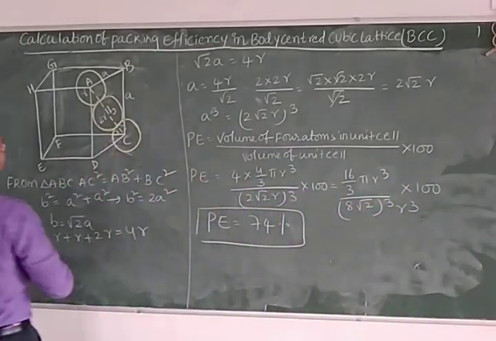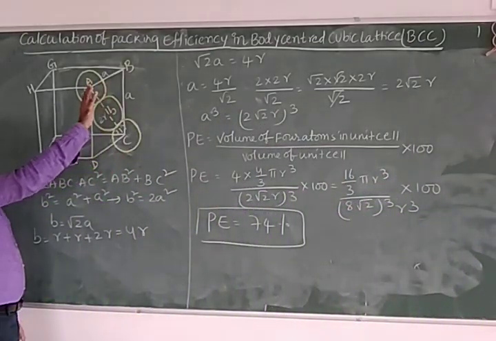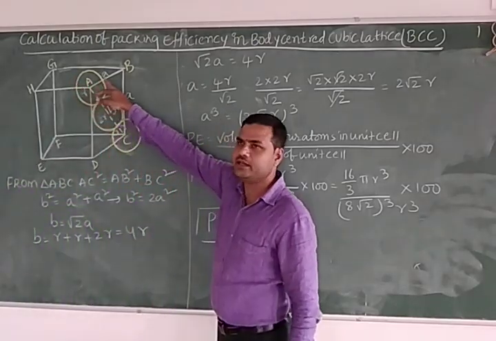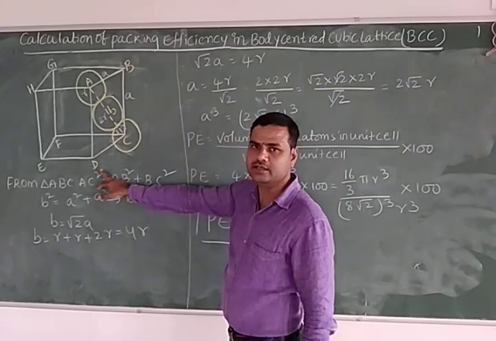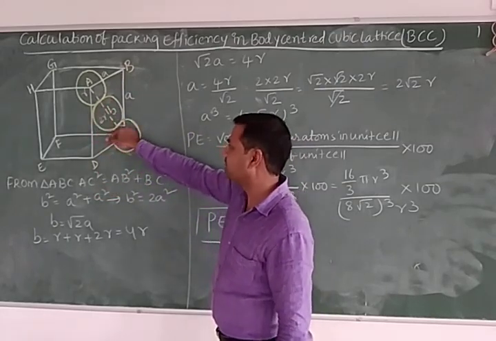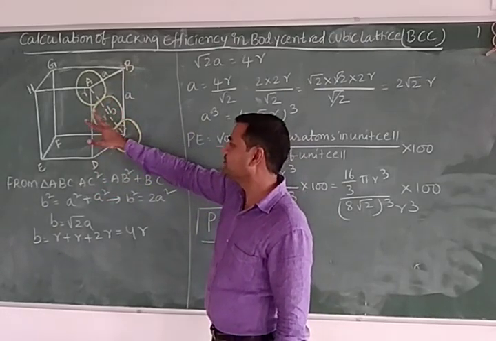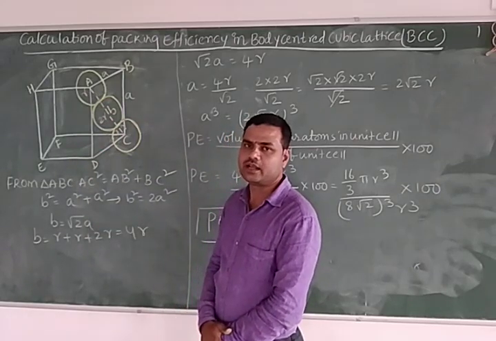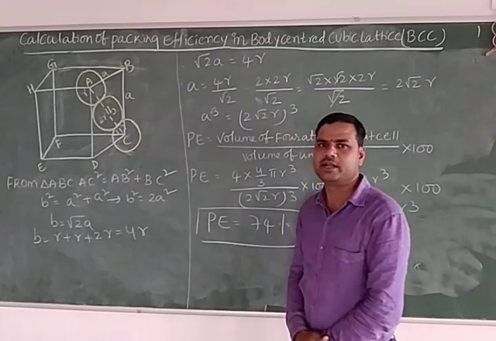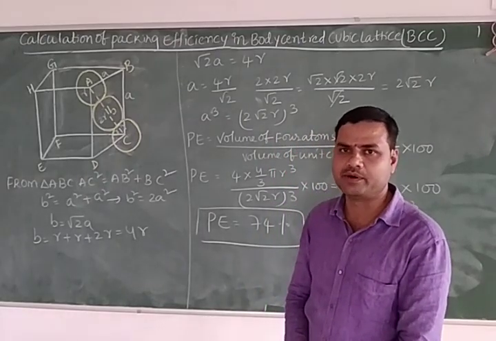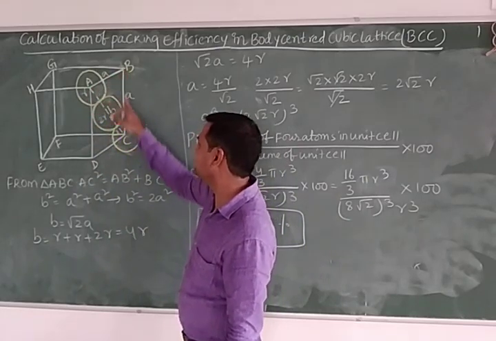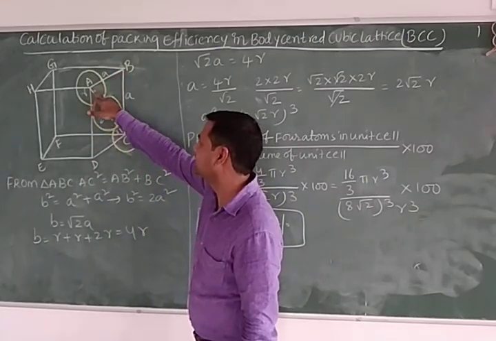You see that here atoms are located in this diagram, at the corners A, B, C, D, as well as at the face, one atom. And now you see that here again a triangle is forming. As in the body-centered cubic lattice, here also a triangle is forming. The triangle is named triangle ABC, by connecting these diagonals.